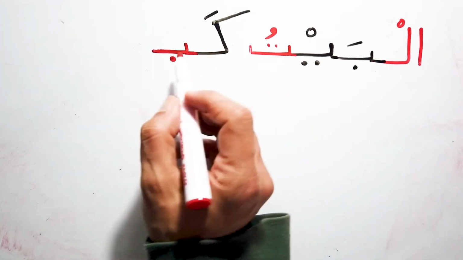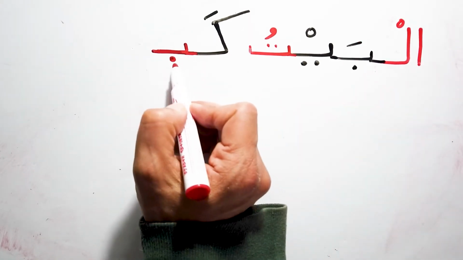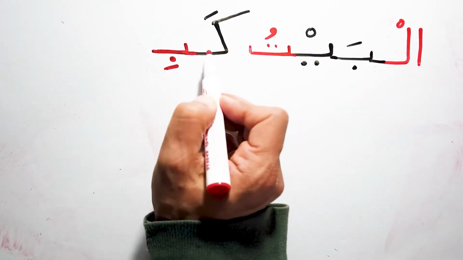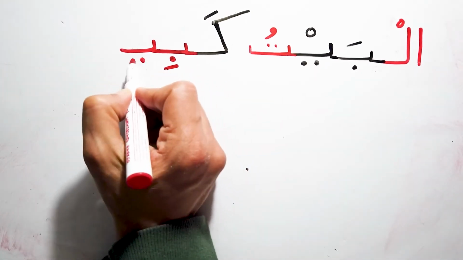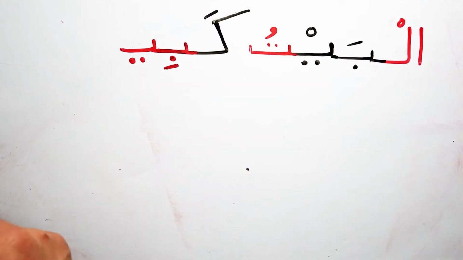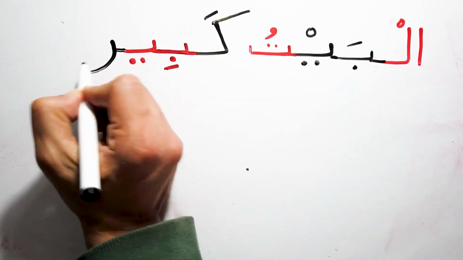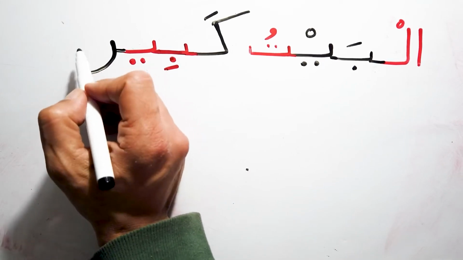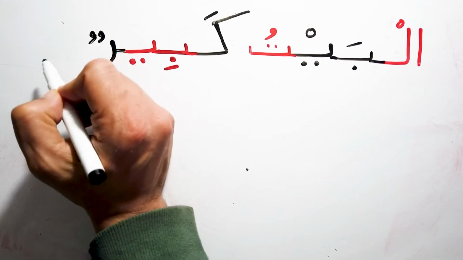But here I say ba because of fatha, this mark. But here I say B, so I must add the mark down. Kabi, long vowel. And then I say kabir. This letter sounds like R. And I say run, on. So I must add this in the end.